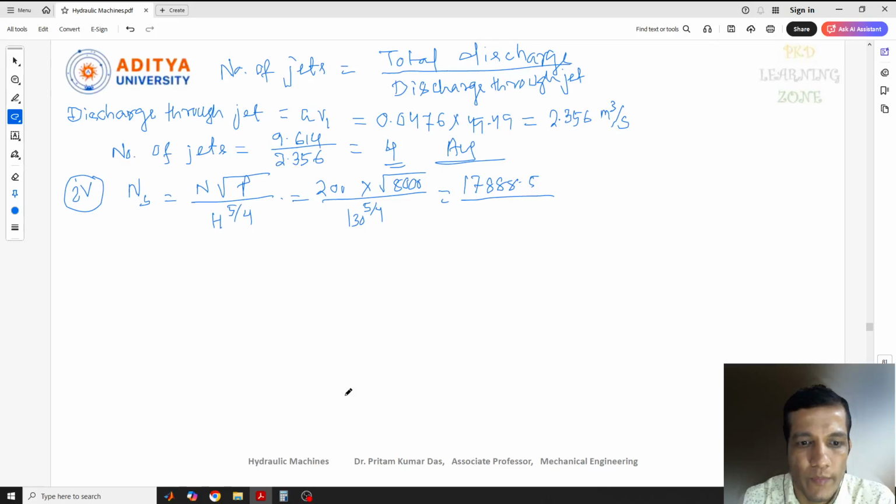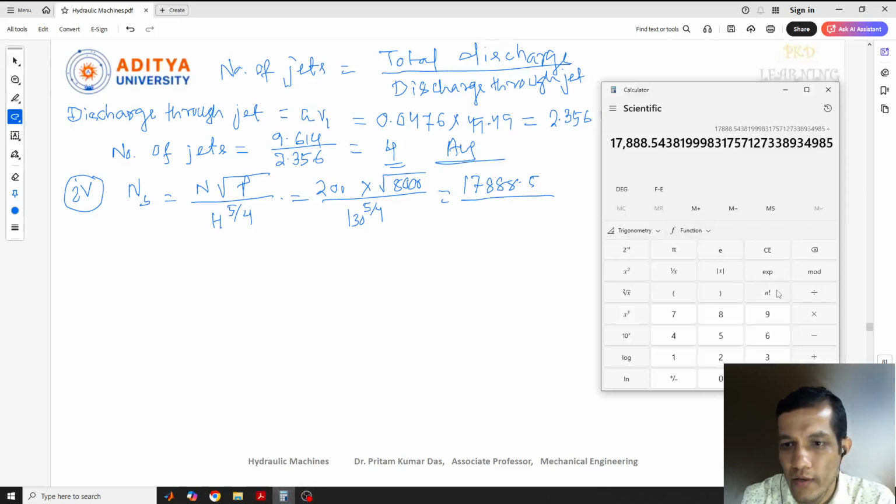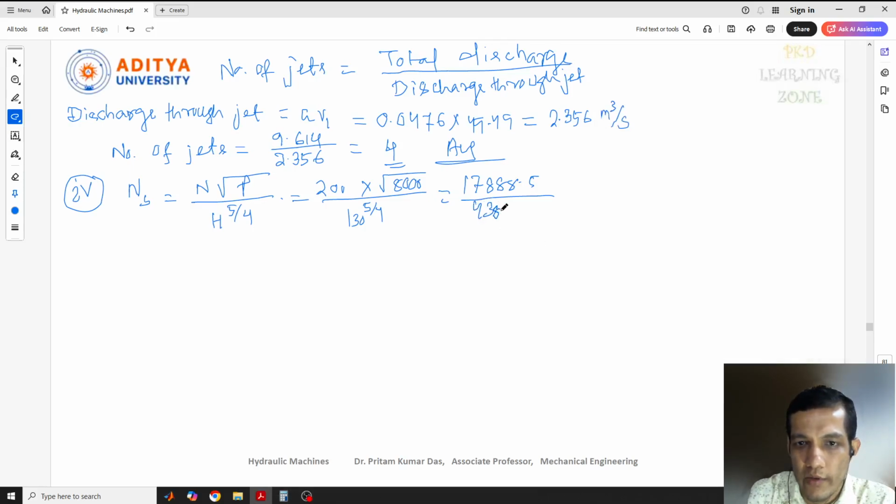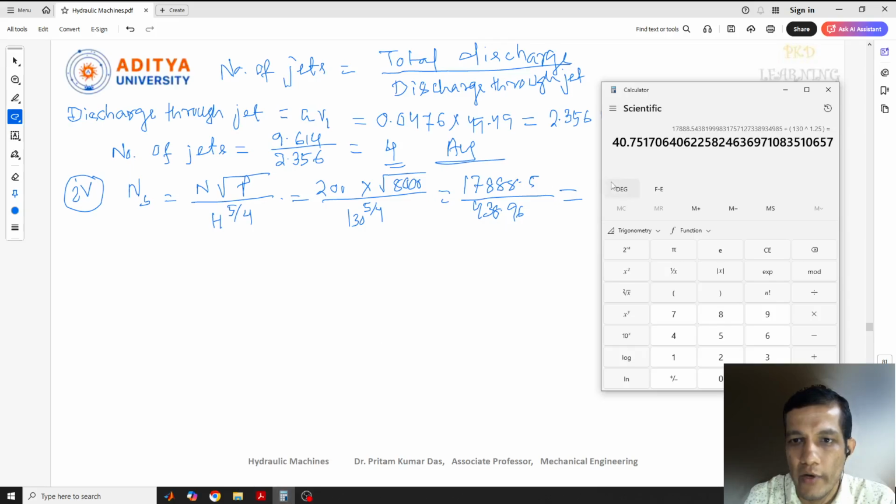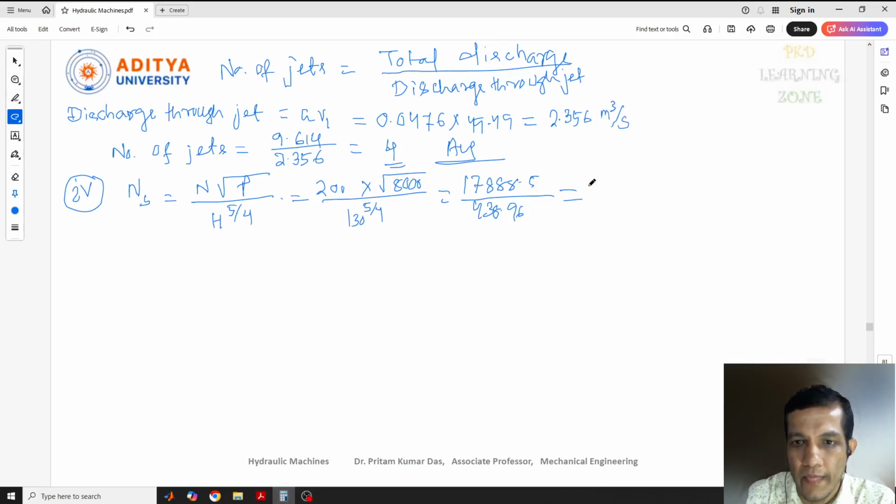And 130 to the power 5 by 4, that is 130 to the power 1.25, this is 438.96. If I divide this one, then how much did I get? 40.75. So this is the specific speed, 40.75. Okay, so this is the answer for this one.